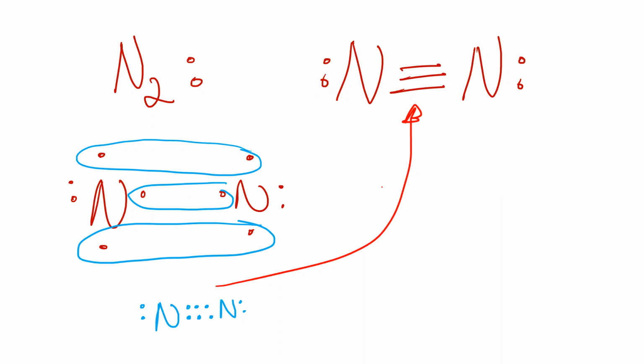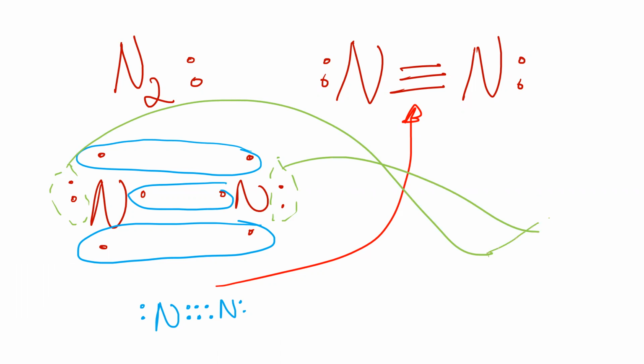Well, for an octet, you're going to have bonding electrons, but you may also have non-bonding valence electrons. So this right here and this right here, these are non-bonding valence electrons.